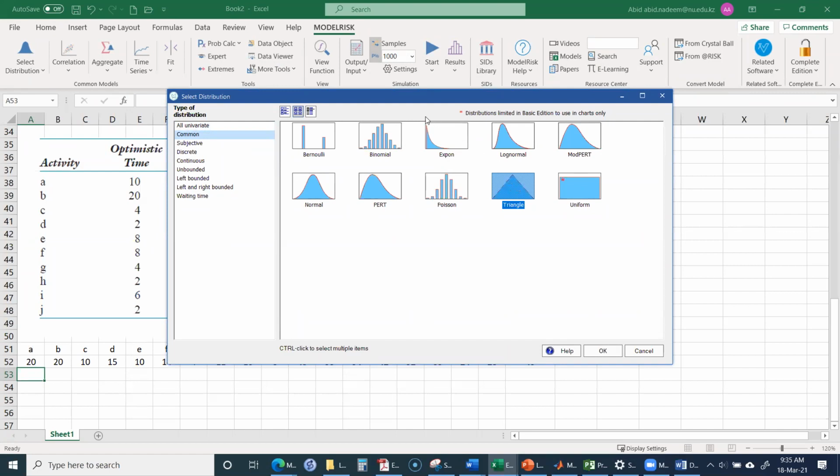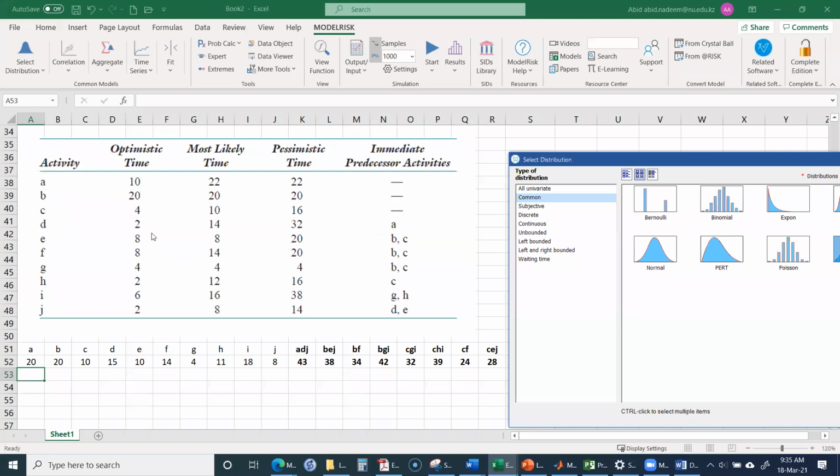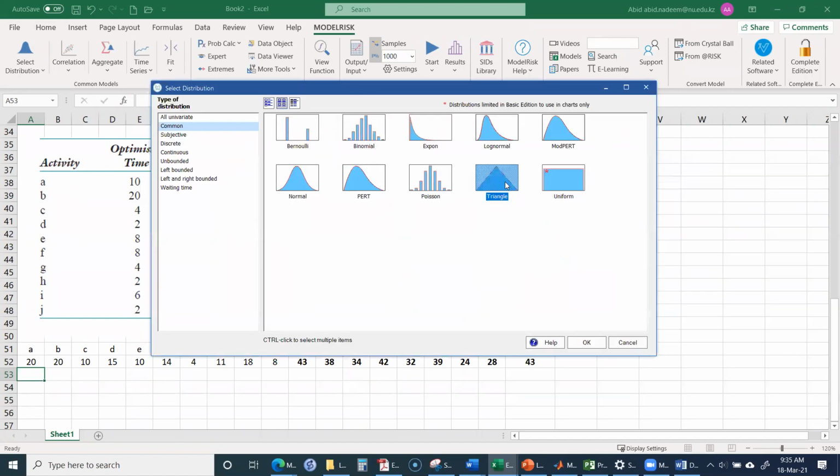This type of distribution which is used in these calculations is called the triangular distribution. In the triangular distribution, the middle values have higher weightage than the extreme values.